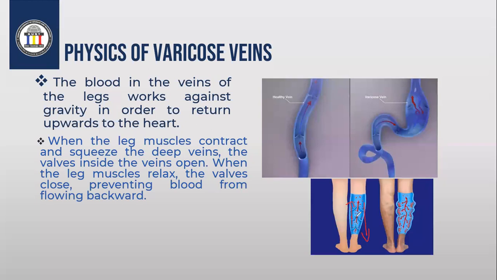However, this is why we have what we name a valve here. The valve opens when the blood is going up, and it will be closed and relaxed afterward. If the valve is not working well, your blood will be separated in the vein, and that makes the varicose vein happen.